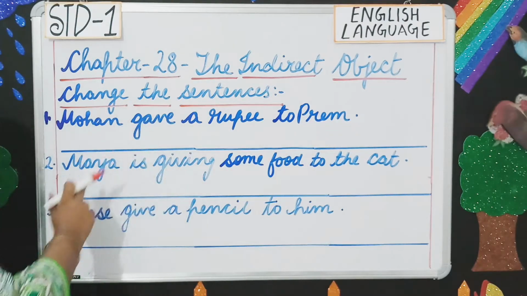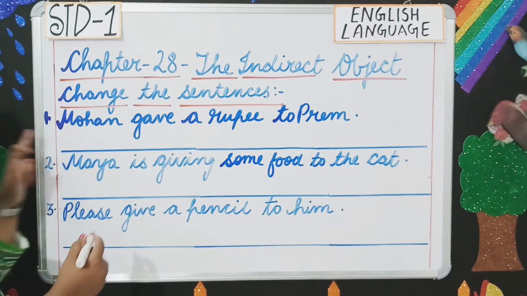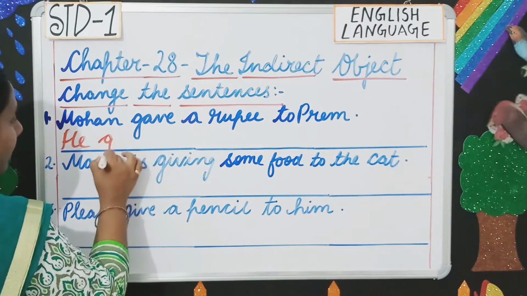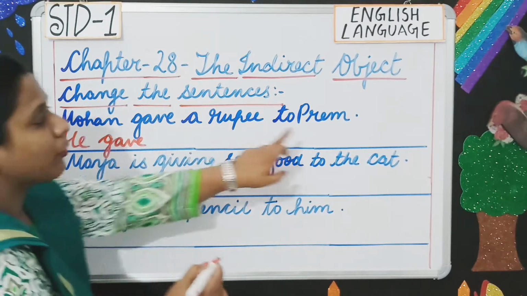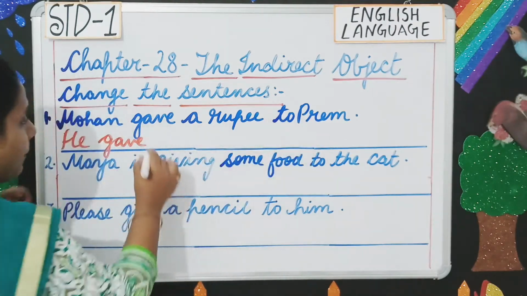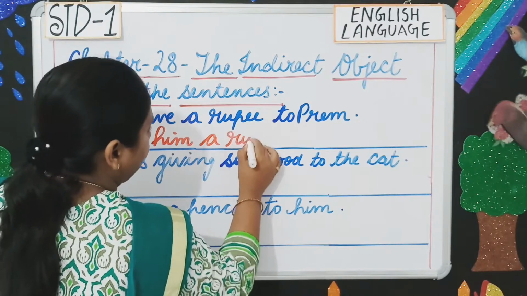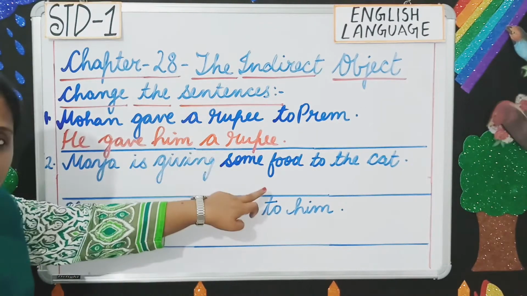So when we change the sentence, for Mohan, we will use the pronoun he. Gave. Then we will write the indirect object. So for Prem, we will use him. And then a rupee. So, he gave him a rupee.